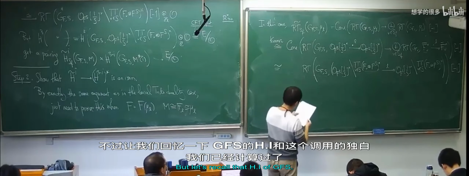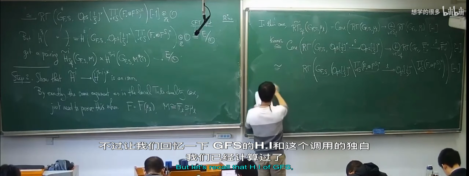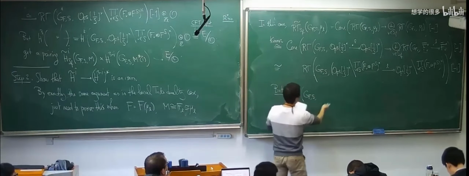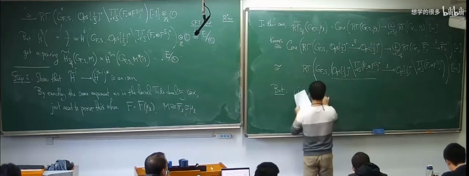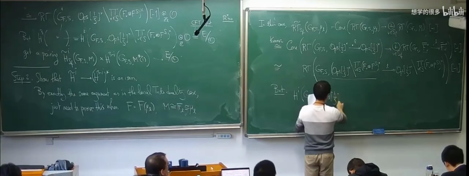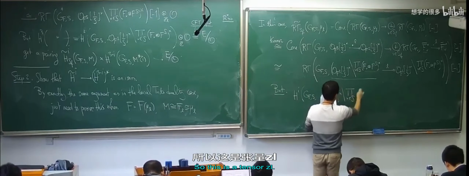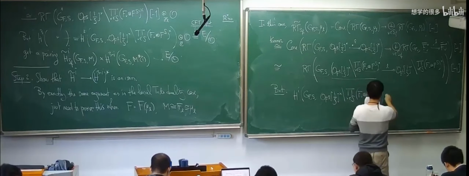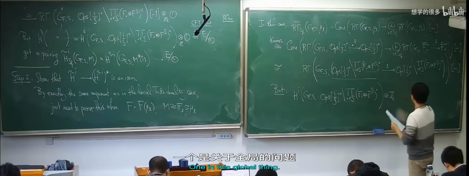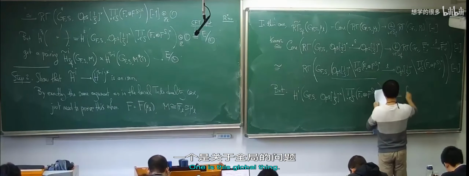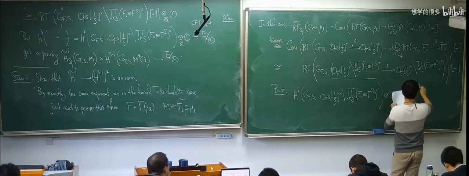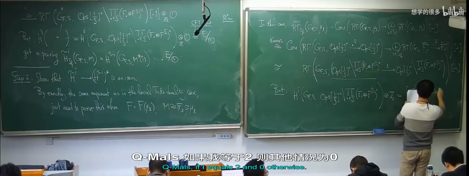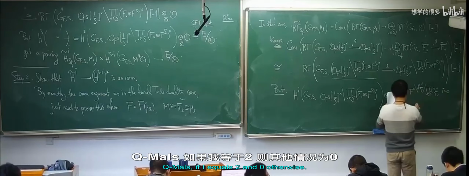But let's recall that H^i of G_FS, this cohomology, we already computed it. So this is tensor Z_L. Oh, right, I'm taking L-torsion anyway, so that's okay. So that's two things. One is this global thingy, and Q_L mod Z_L if i equals 2 and 0 otherwise.